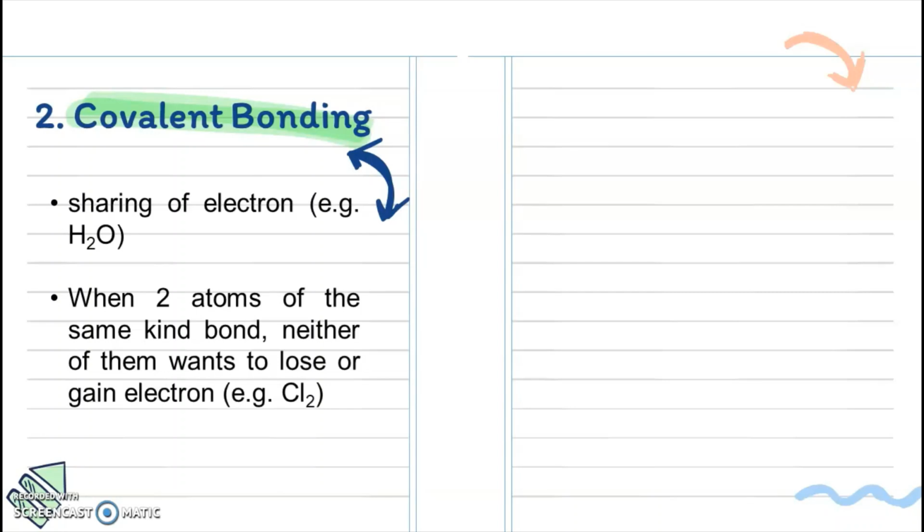Dahil made up siya ng same element, ayaw daw mag-lose ng electron ng kahit sino dun sa dalawang atoms. So, ang gagawin nila, they will share their electron. And usually daw, yung covalent bonding is found between two nonmetals. So kanina sa ionic bonding between a metal and a nonmetal, si covalent bonding naman, it is between two nonmetals.